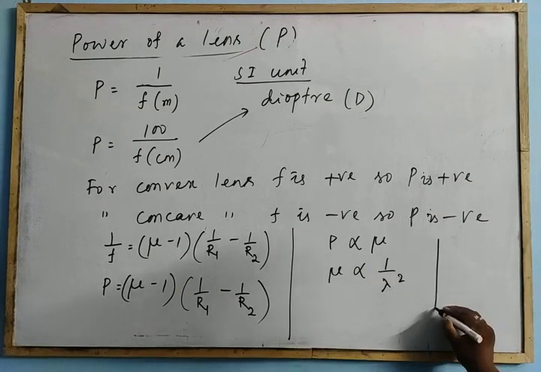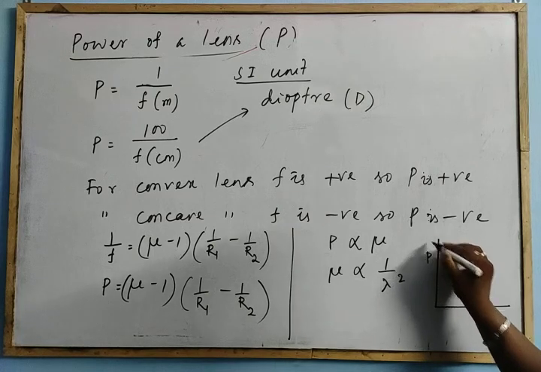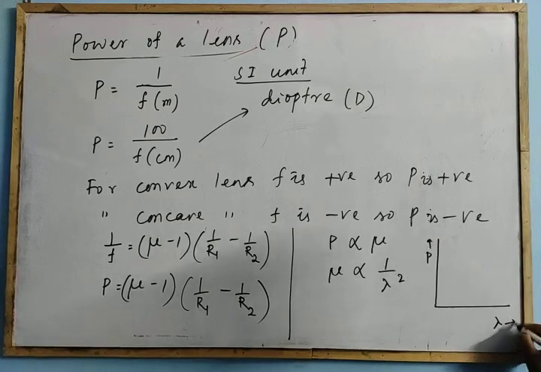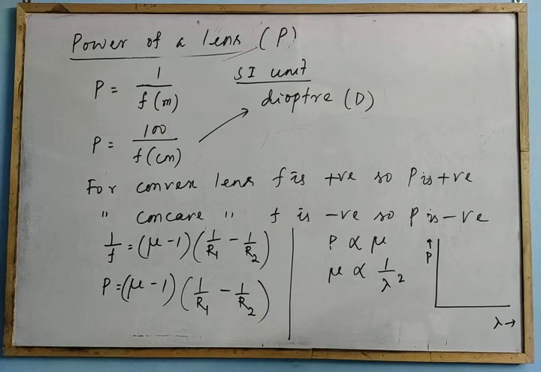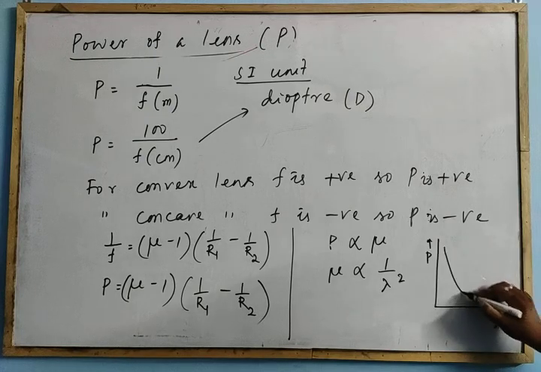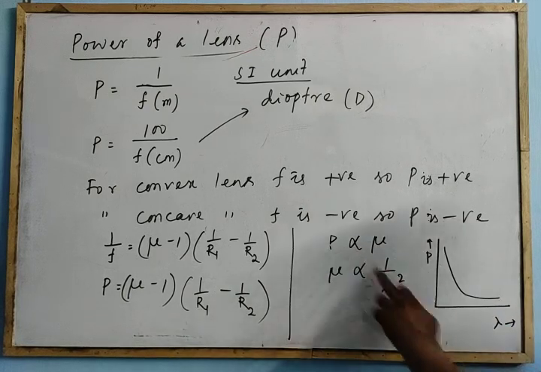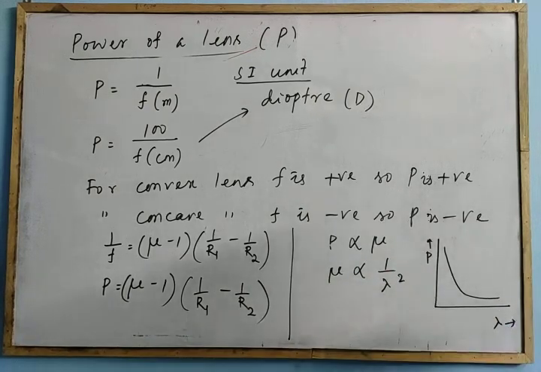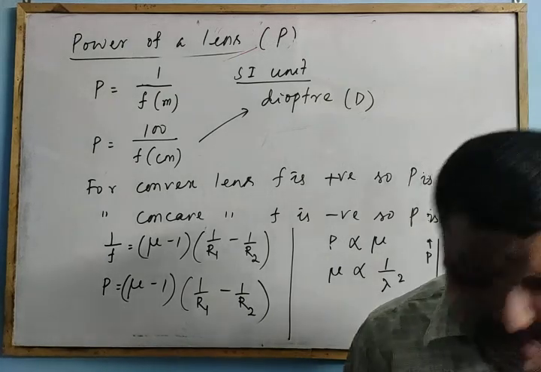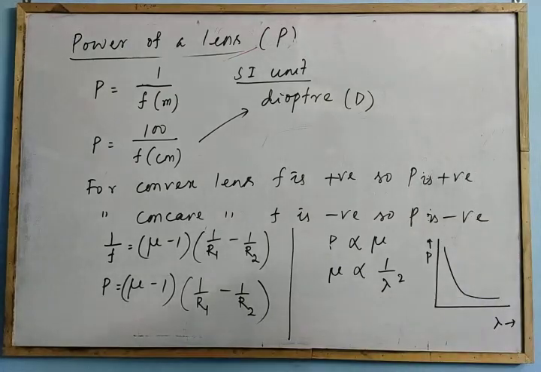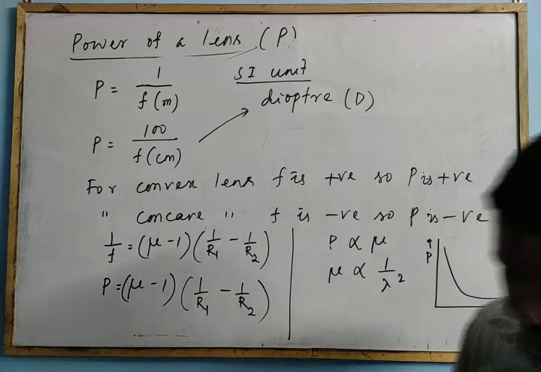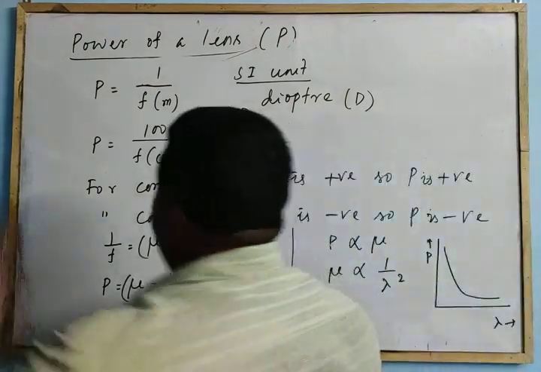So if I ask you to plot a graph between the power and lambda, then power is inversely proportional to lambda square. So we will get a relation like this, P and lambda. This is a graph between power and lambda. Power is inversely proportional to the wavelength of light incident. Clear? So this is all about the concept of power.